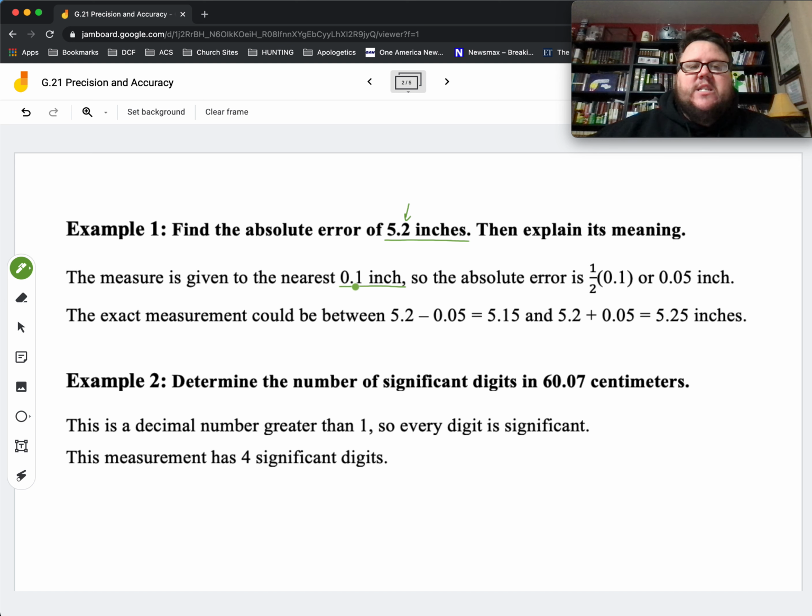So if it's 0.1 inches, the absolute error is we're going to multiply that by 1/2 or 0.5. And so 0.1 times 0.5 or 1/2 is 0.05 inches. That is our absolute error.